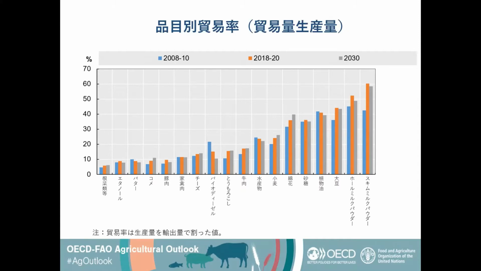On the other hand, you see staples like roots and tubers and rice, where countries really use what is locally produced as a basis of diets. That's why those products are traditionally not so much traded.